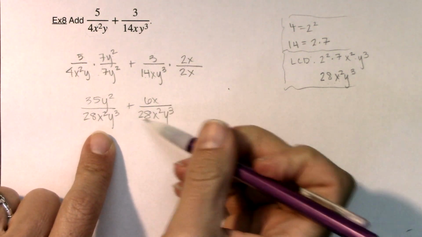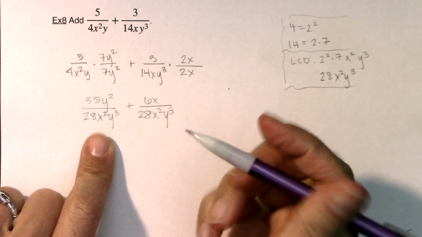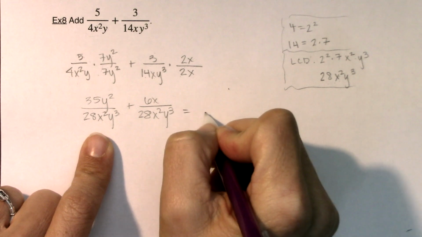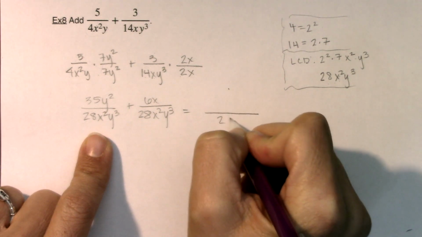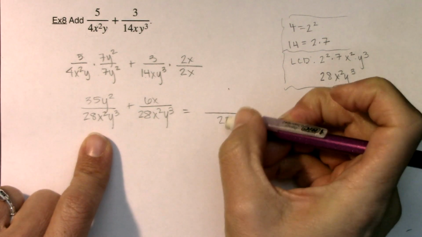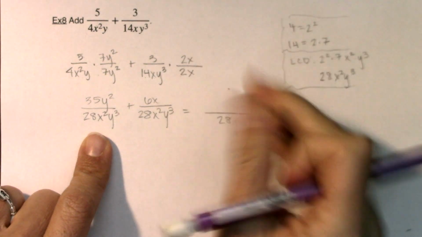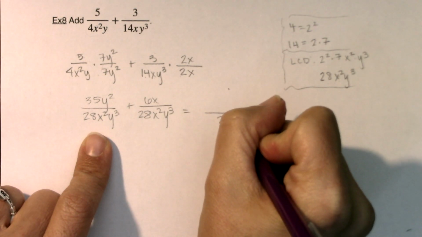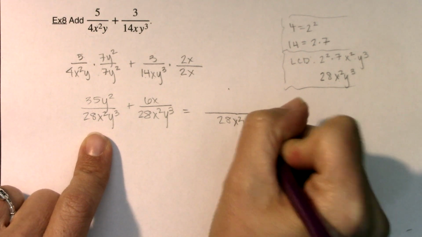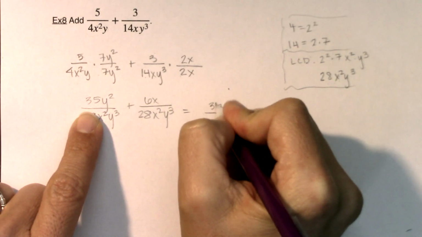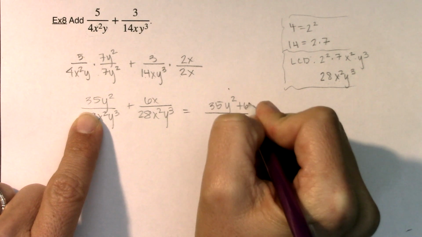So at this point, because I have two fractions whose denominators are common, I'm going to keep that common denominator. Oops, I forgot the x's. Let me get that in there. So I've got 28x squared y cubed, and in my numerator, I'm going to have 35y squared plus 6x.